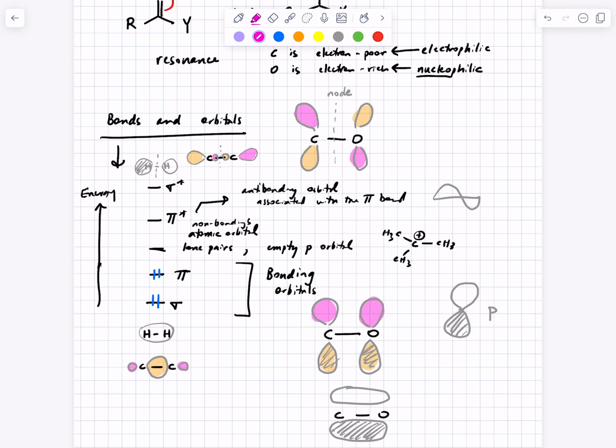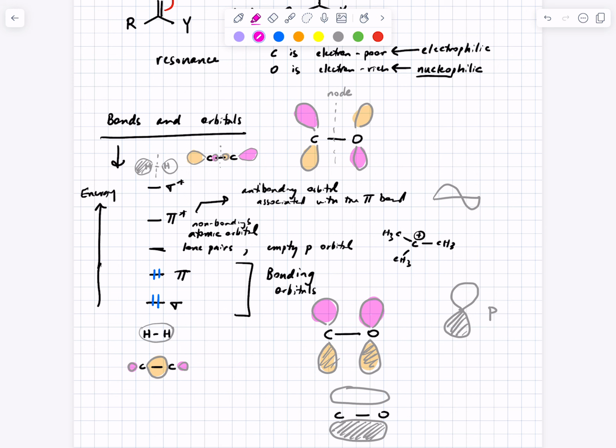For the most part, what will be enough for you today in this class is to understand what a pi star is. It is an antibonding orbital associated with the carbon-oxygen pi bond. Other questions? Yeah? Does the star indicate that there's no electron density in it typically?